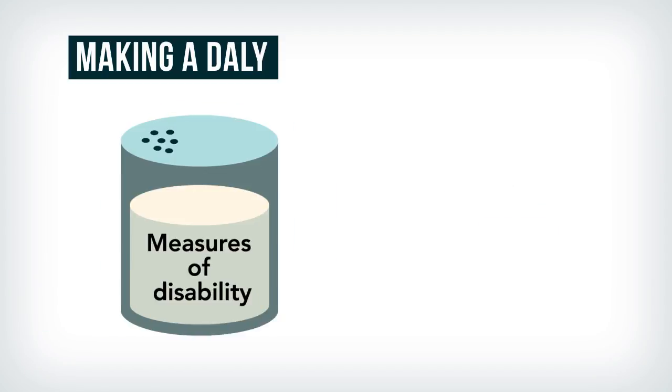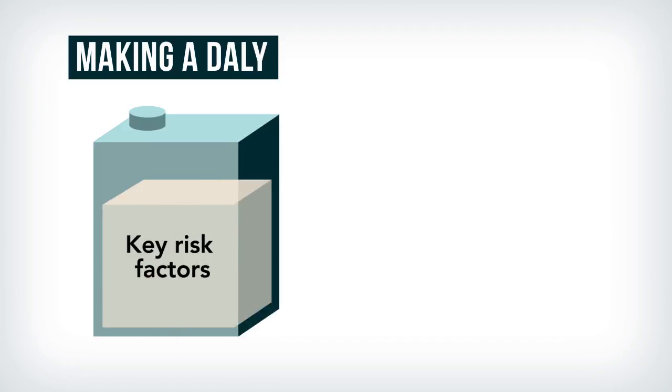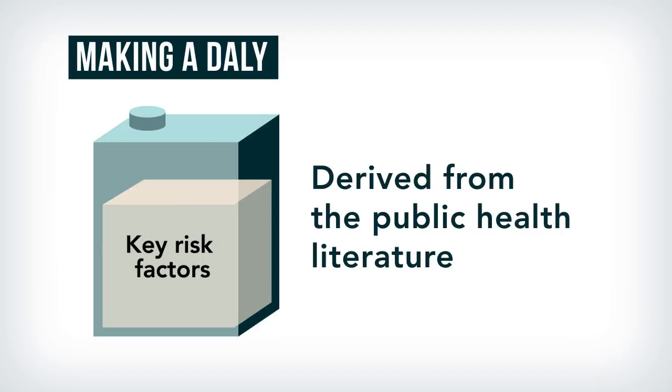The third ingredient is some measure of disability, mostly taken from expert opinion. And the fourth ingredient is to examine some key risk factors, which mostly are derived from the public health literature, and these risk factors are then applied to these death and disability totals.